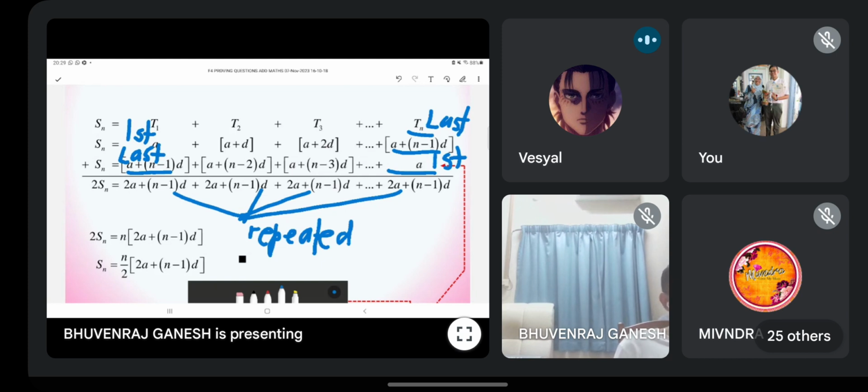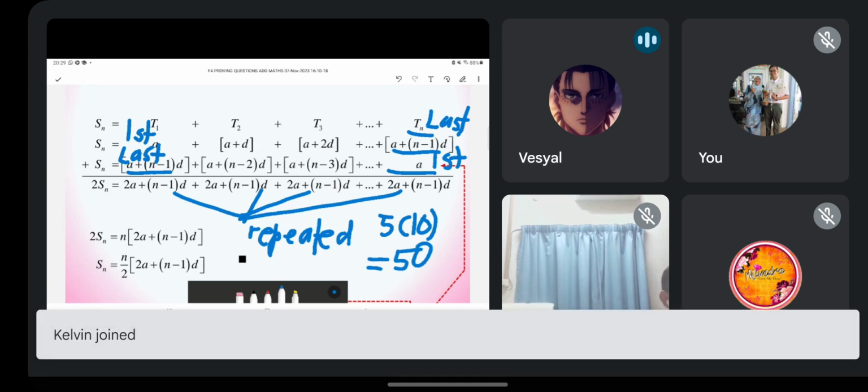If you have a number, let's say 5, and it repeats 10 times, it's actually 5 times 10. It's the same thing here. If you have 2a plus n minus 1 d for n times, it will be 2a plus n minus 1 d times n. So you multiply by n in your formula, then you divide by 2, and you get your final formula. It's very complex, but you have to try to understand it if you want to answer this question.